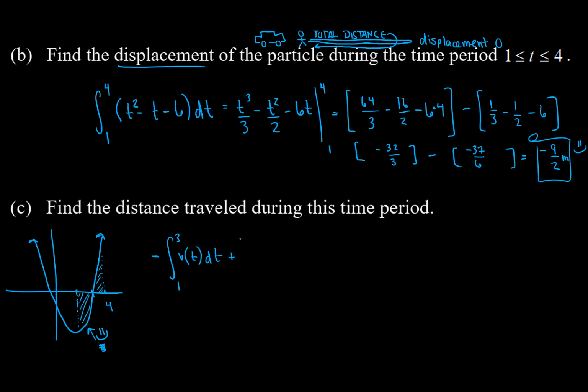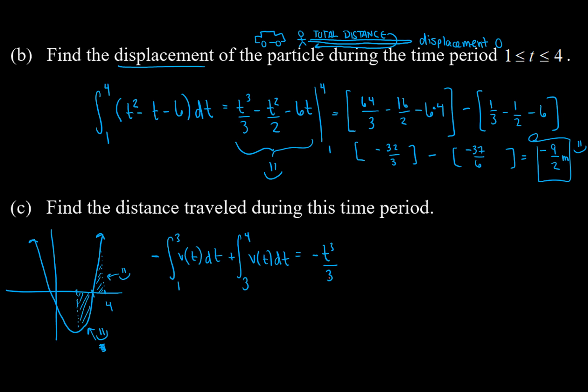So I've got to do that of my velocity function. And then I'm going to add to that, from 3 to 4, this positive piece of the velocity function. The integral of the velocity function we did over here, so I'm just going to rewrite that. The first one, remember, is negative, so I'm going to distribute that negative out.